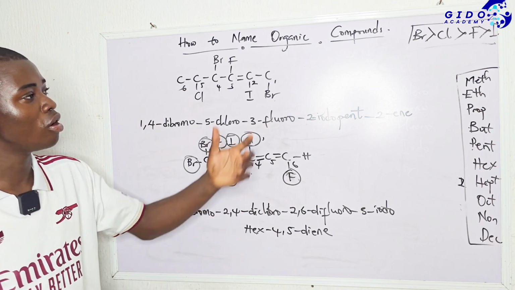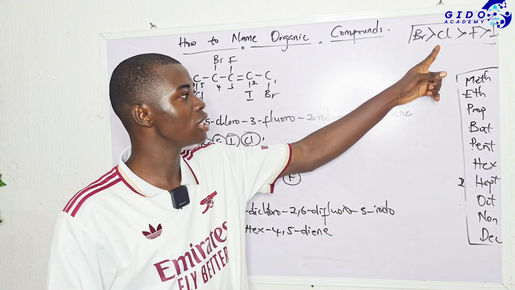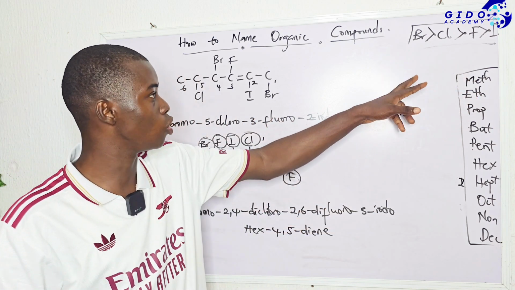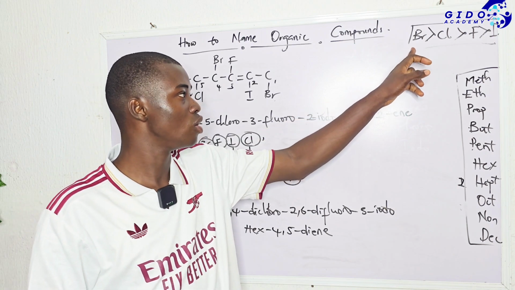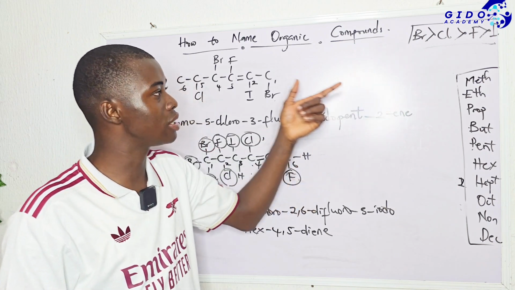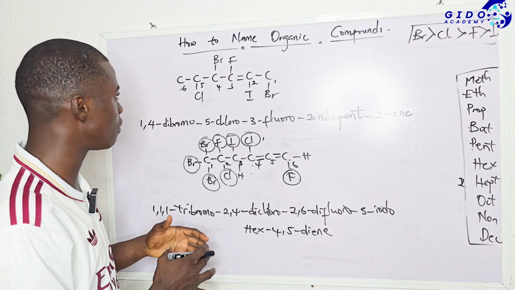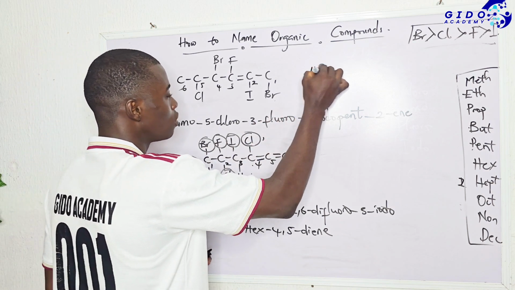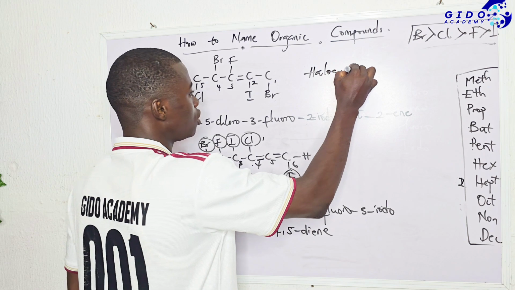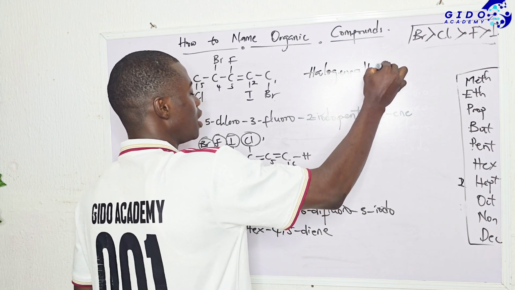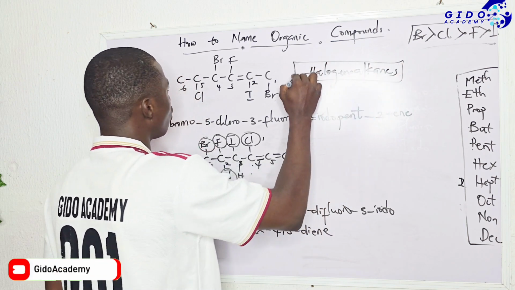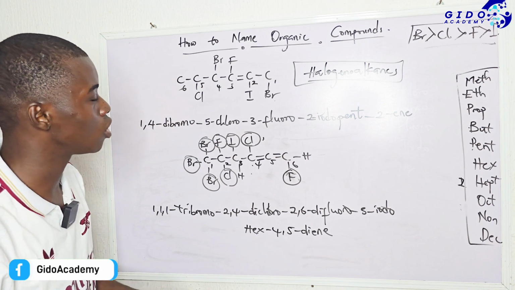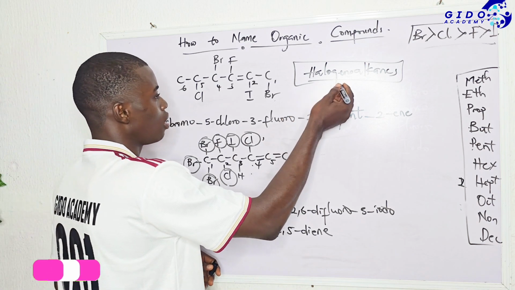And please take note, follow the ABC rule: B, C, F, and I. You don't need to name chlorine first before bromine. You name it following this pattern. So that's a general overview of how to name halogenoalkenes.